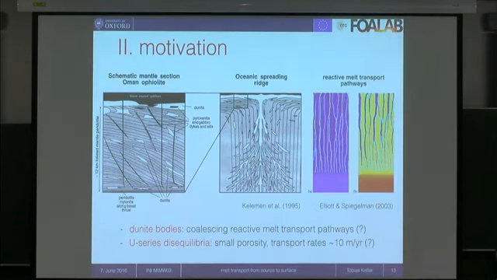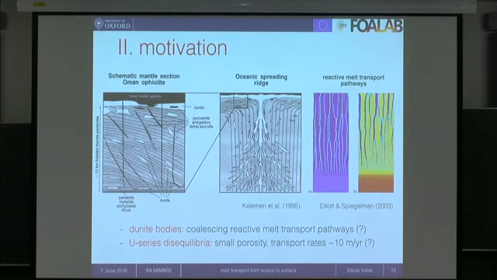And then the second piece of information that we're interested in is that there's geological evidence for channelized melt transport that has been interpreted for a while in terms of dissolution channels, where a melt that is undersaturated in phases like OPX, or orthopyroxene, flows through mantle rock, dissolves the orthopyroxene, and leaves behind dunite, or olivine-rich rock, that can be identified in the field.